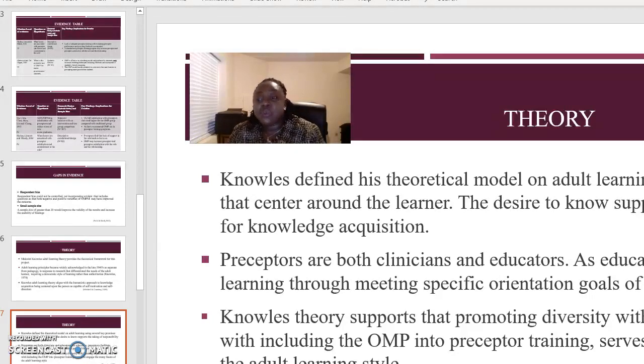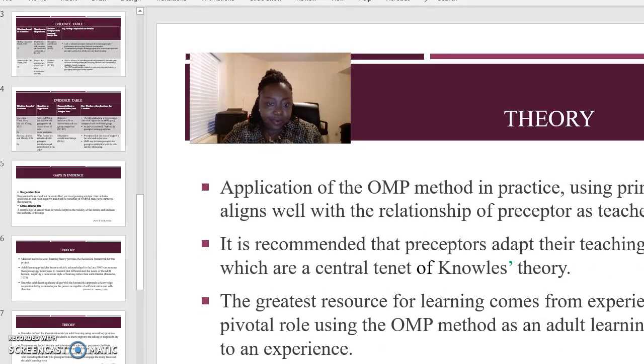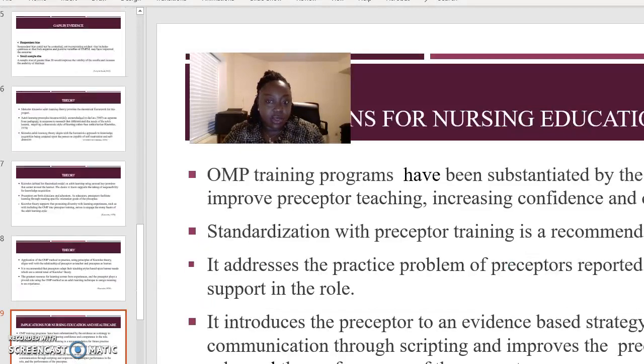As educators, preceptors facilitate learning through meeting specific orientation goals of the preceptee. Knowles' theory supports that promoting diversity with learning experience, such as including the 1 minute preceptor method in preceptor training, serves to engage many factors of the adult learning style. Application of this theory is really key, and it's recommended that preceptors adapt their teaching style based upon learners' needs, which are central tenets of this theory.